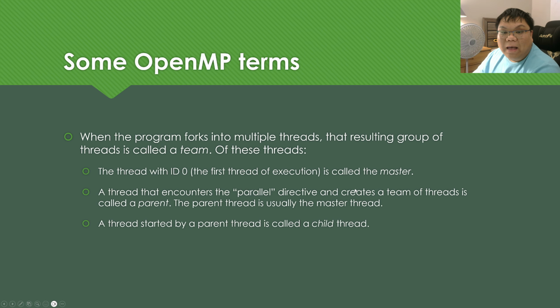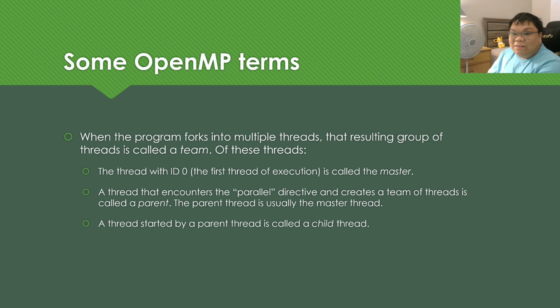So, once again, it's the fork and join model all over again. There is going to be some thread that is going to be the master or main thread. That is the thread that is going to be the first thread to be created. That is thread 0. That thread encounters that parallel directive, and it creates a team of threads.